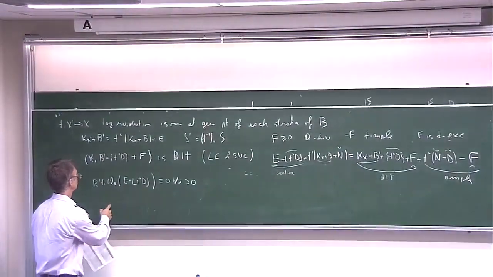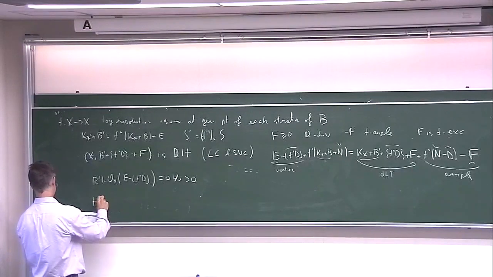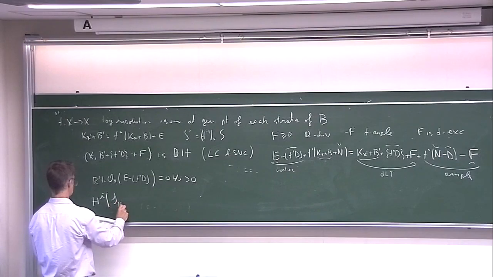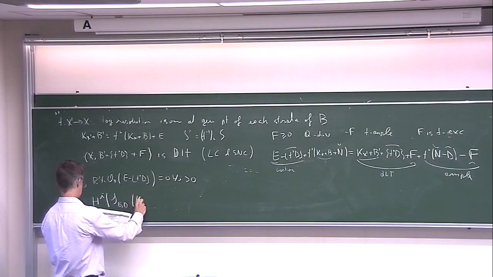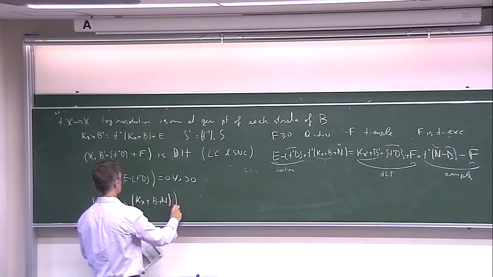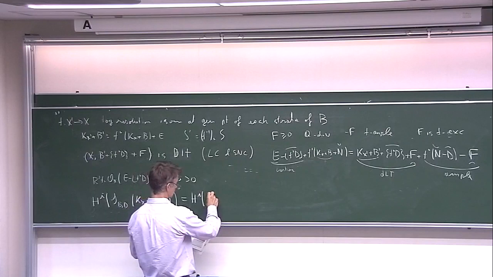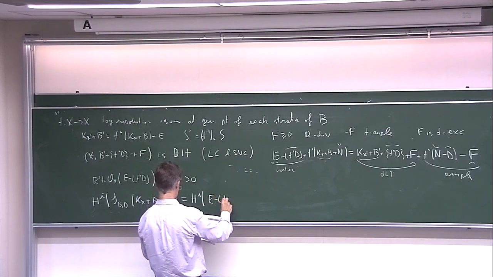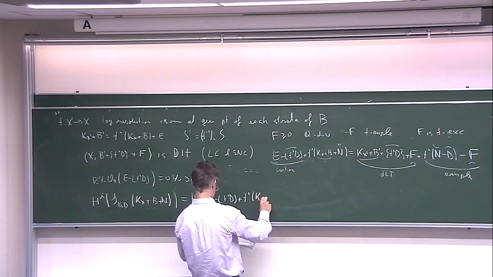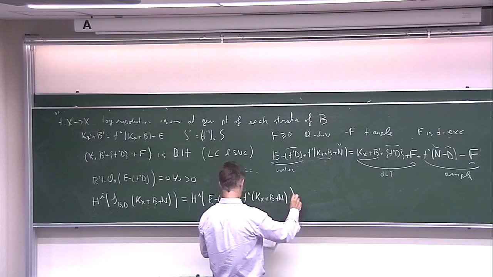But then, if I look overall, the cohomology of I, B, D, Kx plus B plus N will be equal to the cohomology of E minus the round down of the pullback of D plus the pullback of Kx plus B plus N, which is 0.